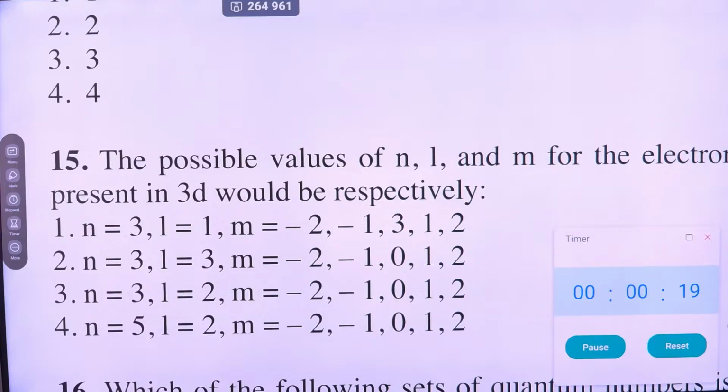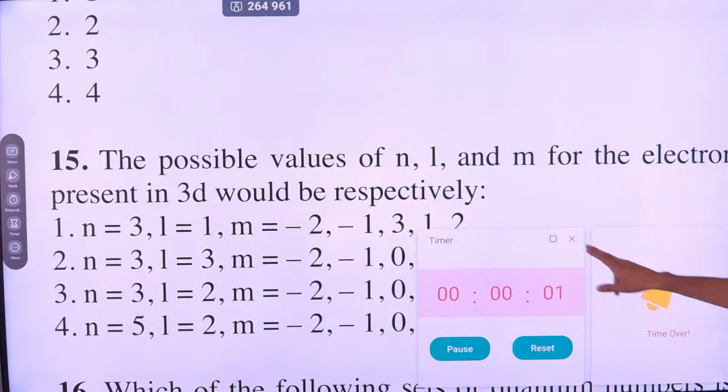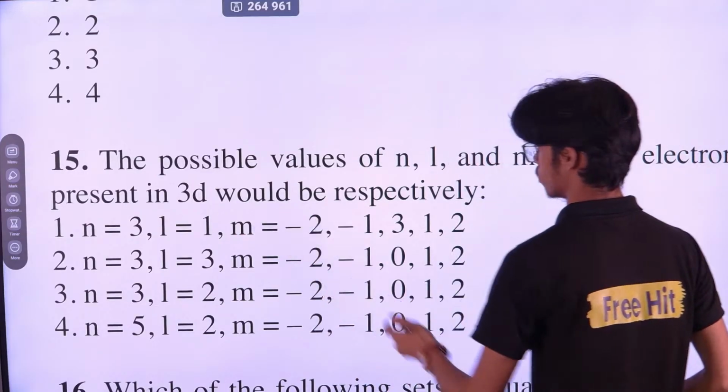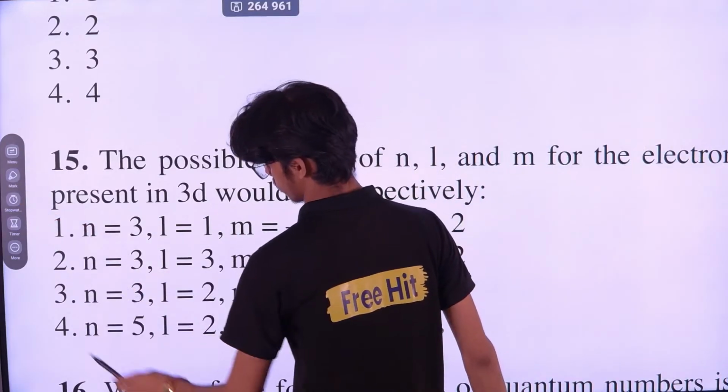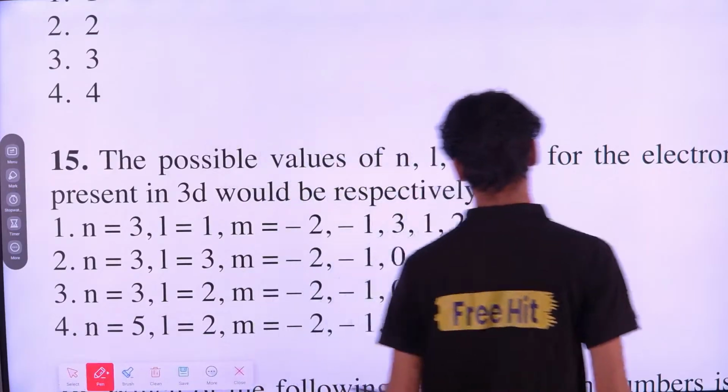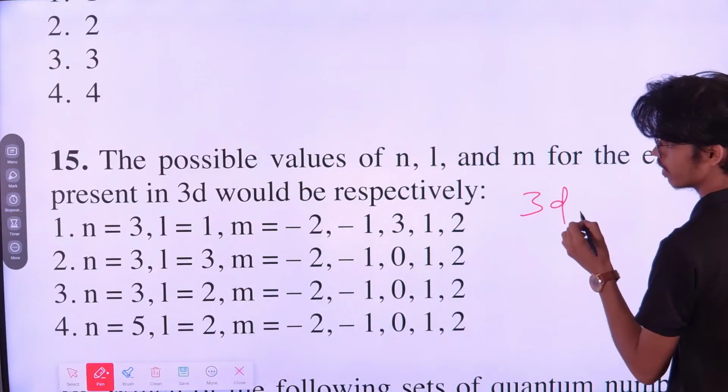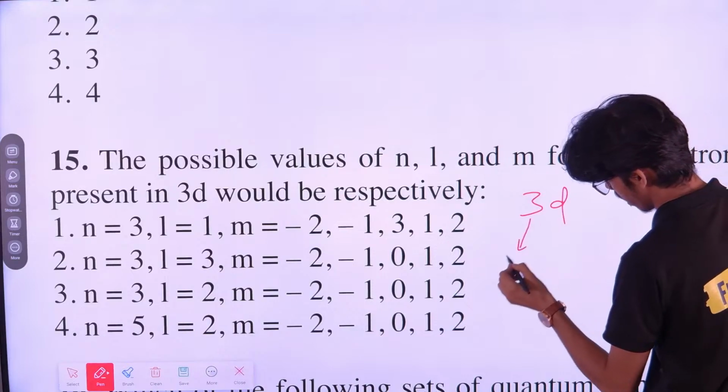We just need to find the possible values for 3D. It's literally visible in front of you. What is the answer? Okay, 3D only. So this is n.